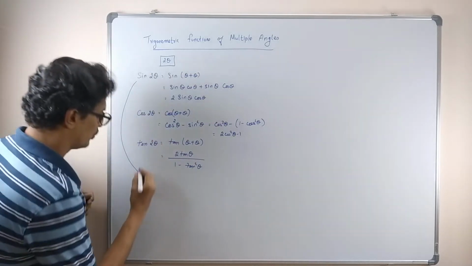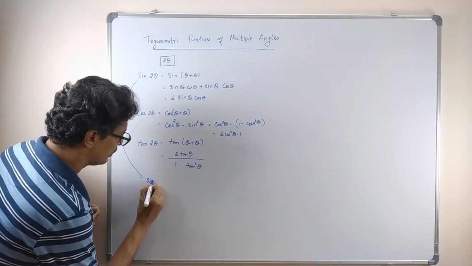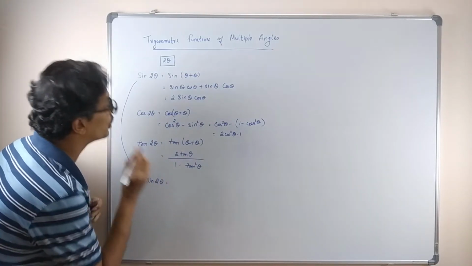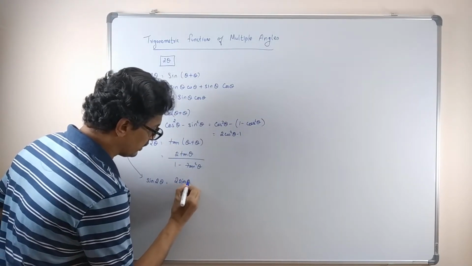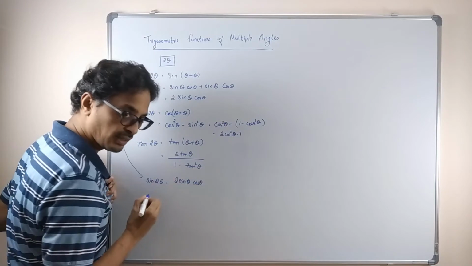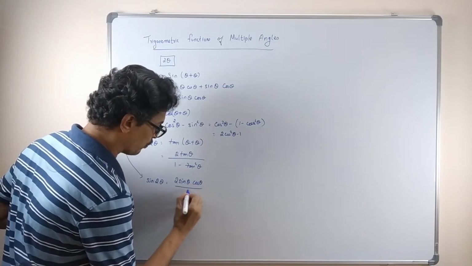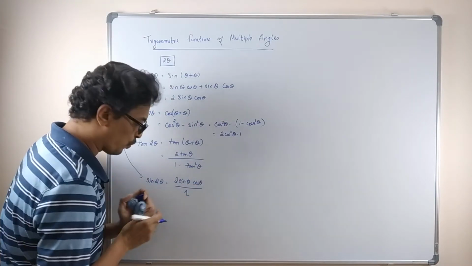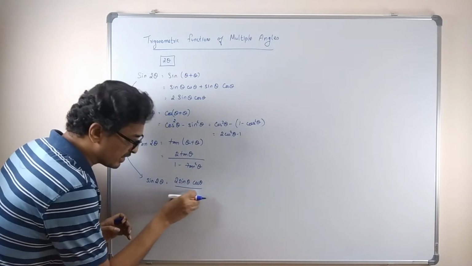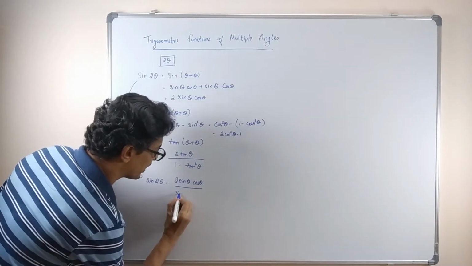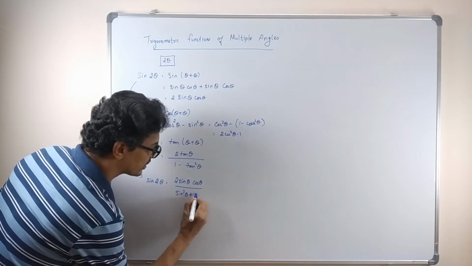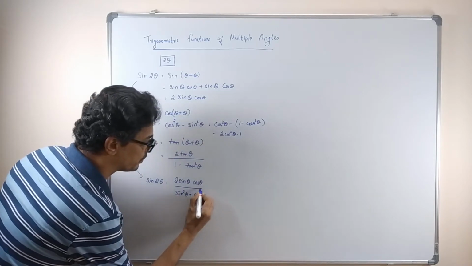So we can always write sine 2 theta equal to 2 sine theta cos theta. I am going to divide it by 1. So 1, I can always write as sine square theta plus cos square theta. So this I will write as sine square theta plus cos square theta.